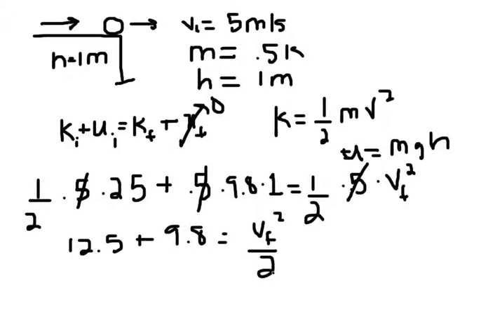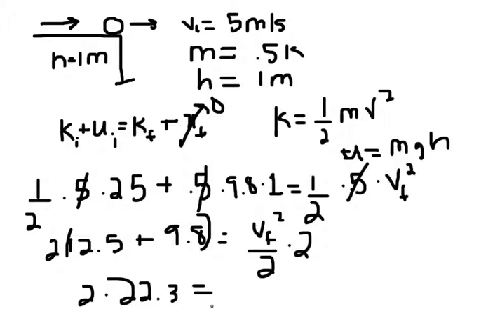So 22.3 times 2, because we're going to multiply both sides by 2. Multiply this by 2. So that would be 44.6. Sorry, my computer's been really slow and sluggish today.